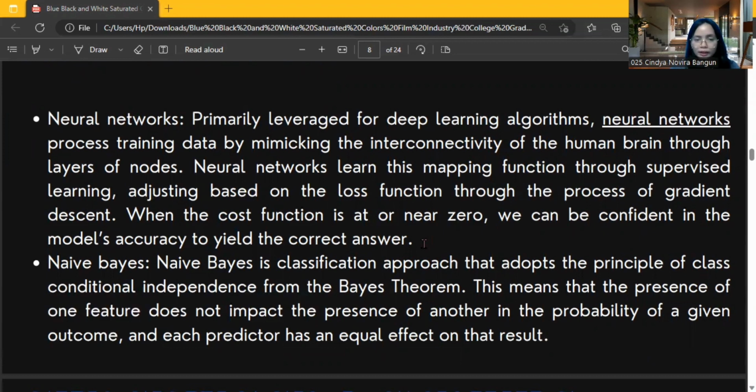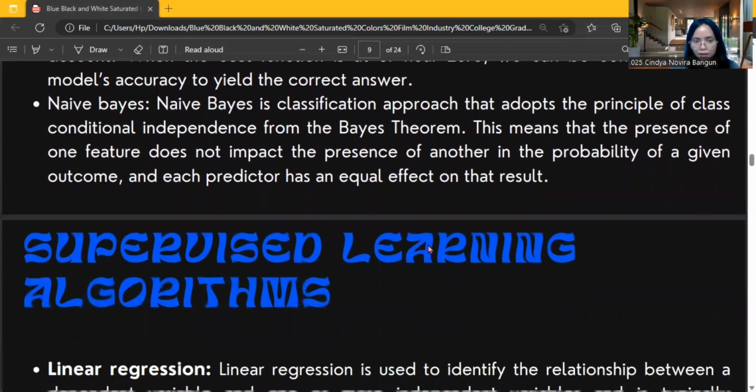When the cost function is at or near zero, we can be confident in the model's accuracy to yield the correct answer. 2. Naive-Bayes. Naive-Bayes is a classification approach that adopts the principle of class conditional independence from the Bayes theorem. This means that the presence of one feature does not impact the presence of another in the probability of a given outcome, and each predictor has an equal effect on that result.